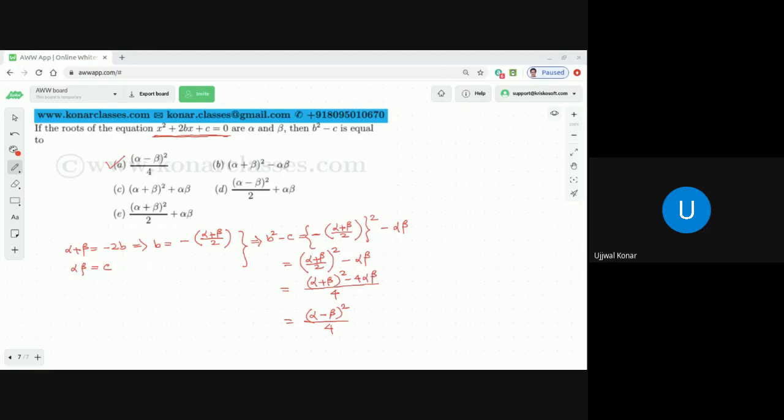So I'm just giving the problems of level 1. Later, as we proceed, I will give you problems of a little different type.